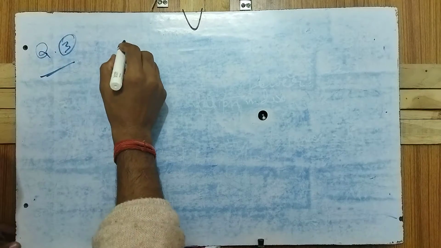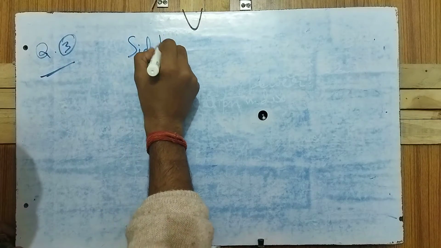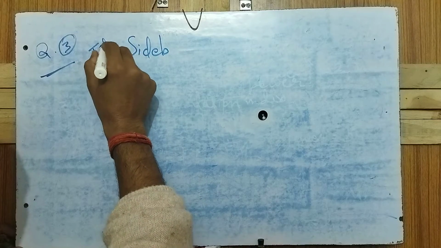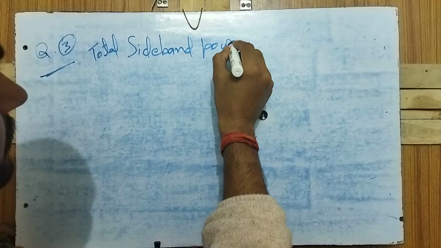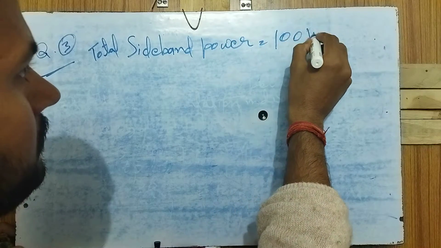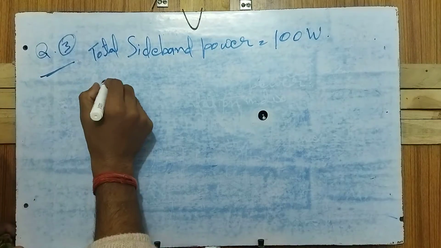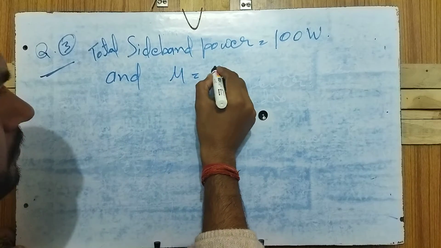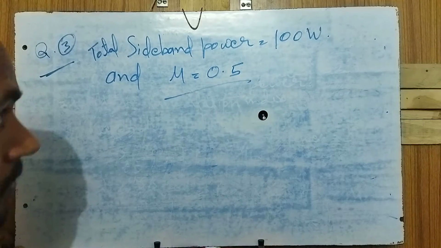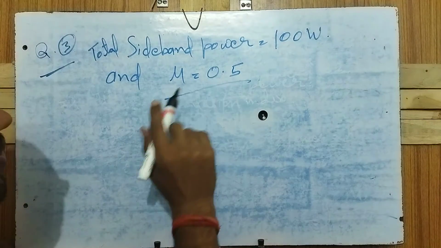Question number 3. If total sideband power is 100 watt, and modulation index is 50%, that means mu is equal to 0.5.